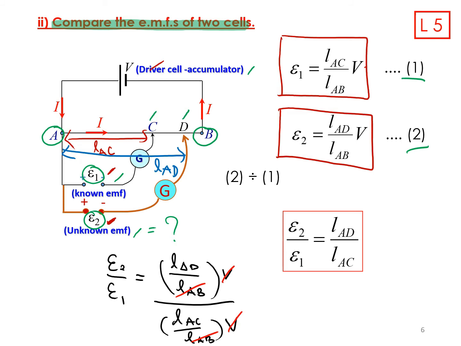After that, you have the equation EMF2 over EMF1 equals LAD over LAC. After that, you can find your EMF2.